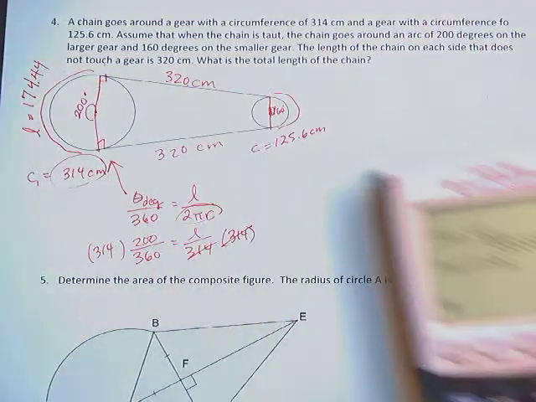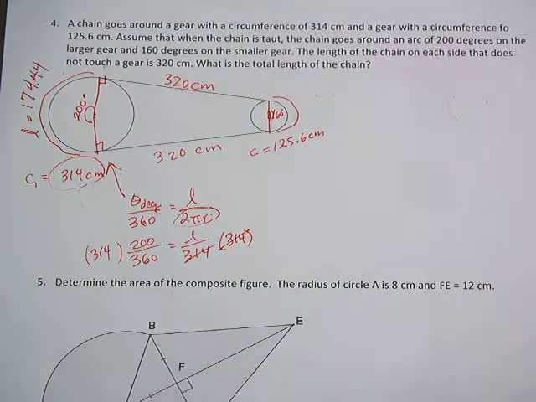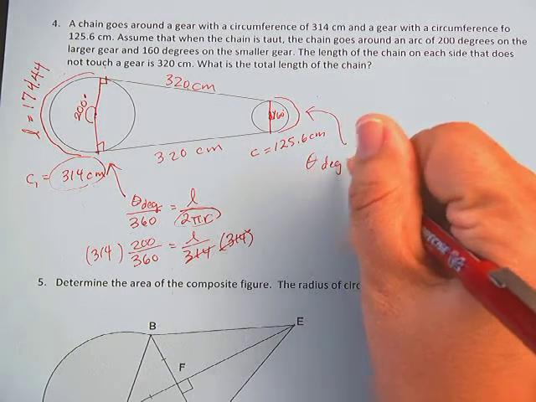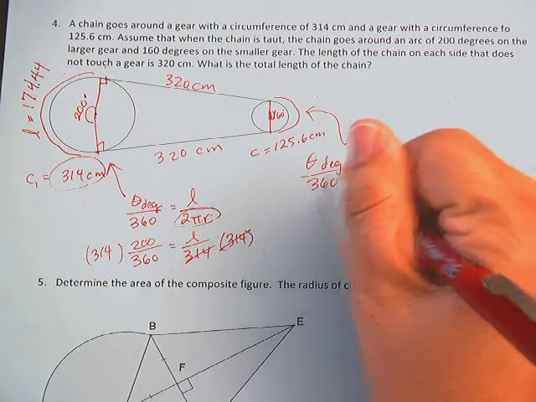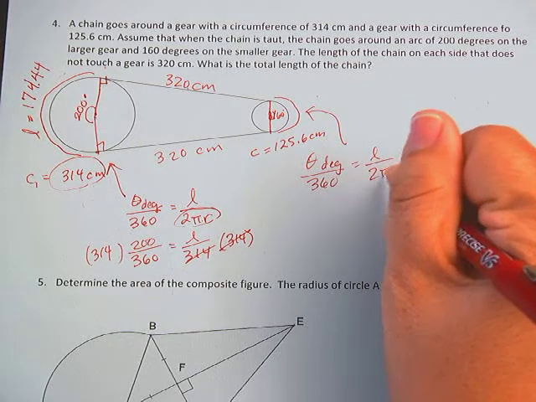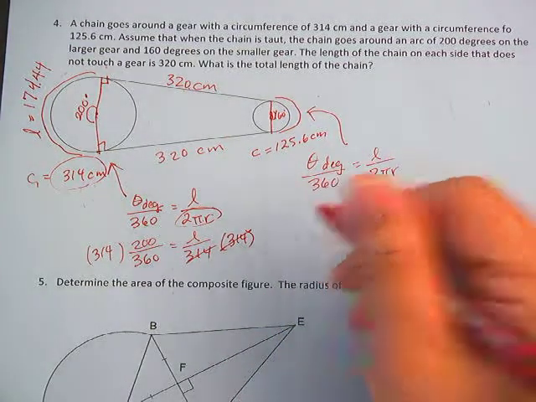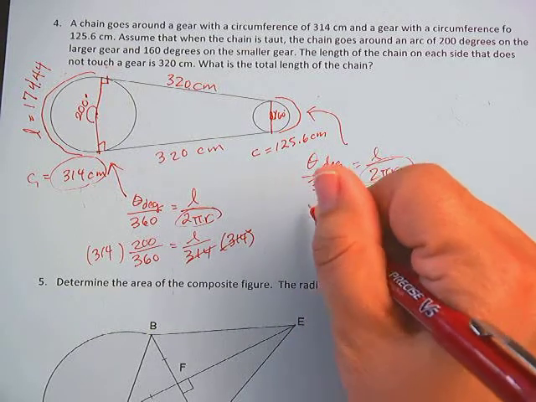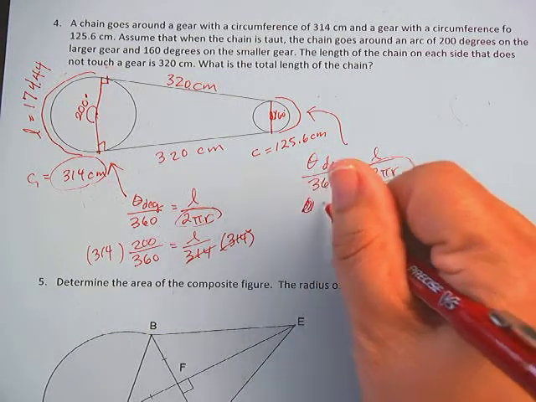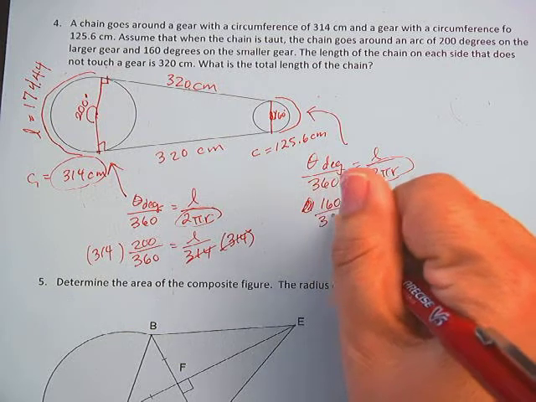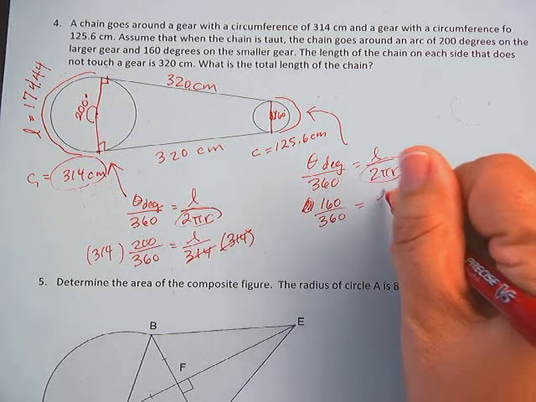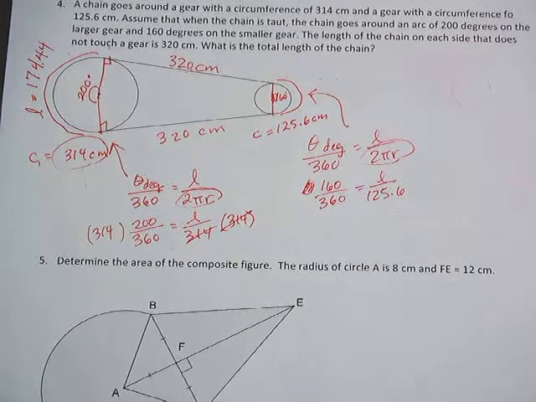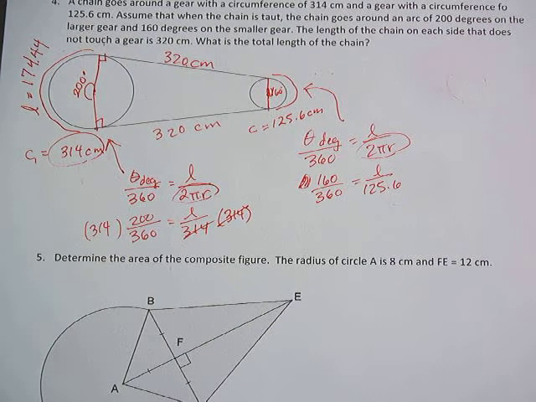All right, so that's one piece of our arc. We only need one more piece. Same formula. Theta in degrees over 360 equals L over 2 pi r. I don't really know r, but I don't need to know r because this is the circumference. So theta in degrees is 160 over 360 equals L over 125.6. I'm going to go ahead and simplify this just because I can.